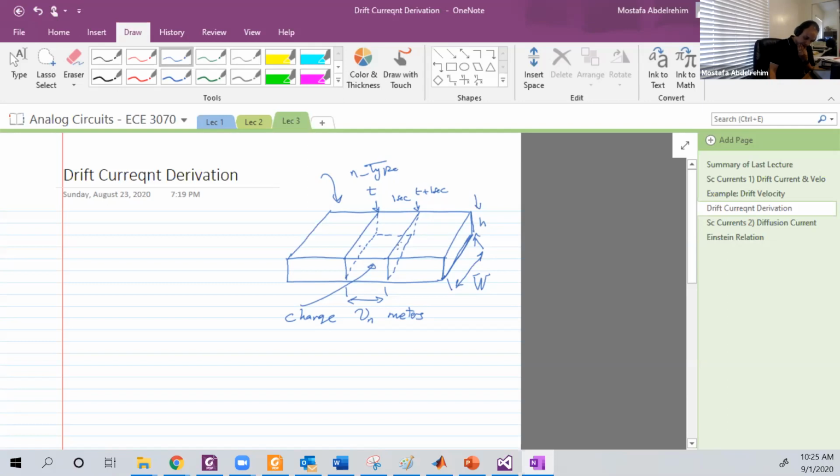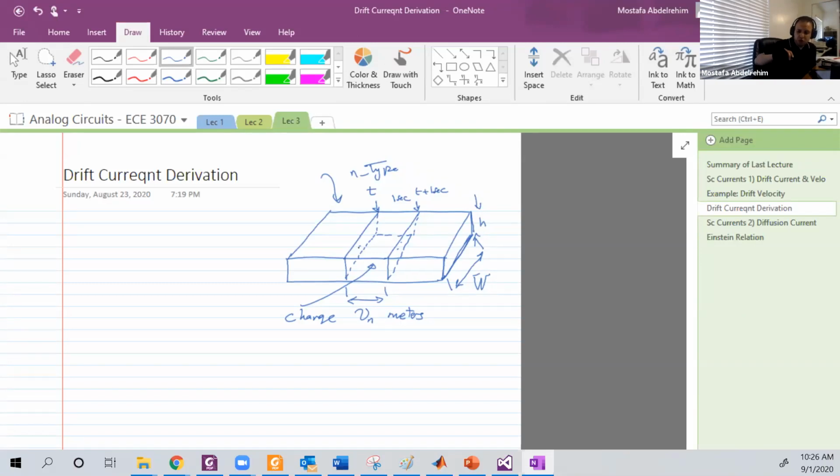Good. So we need to know the charge in that volume. So what are the carriers here? The carriers here are electrons, mostly electrons, okay? Because this is N-type.